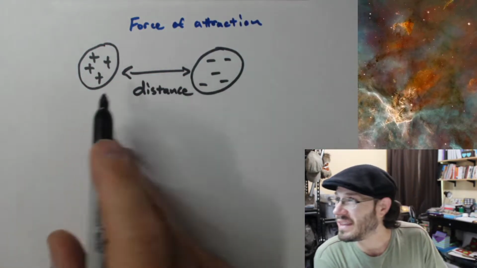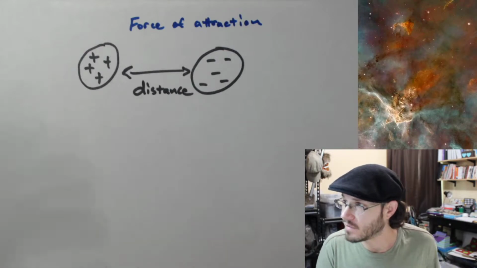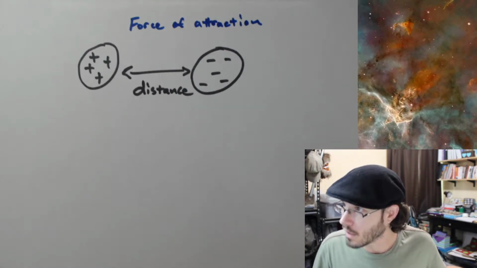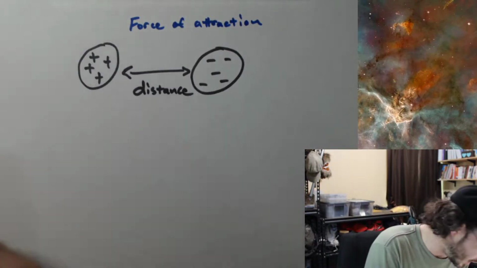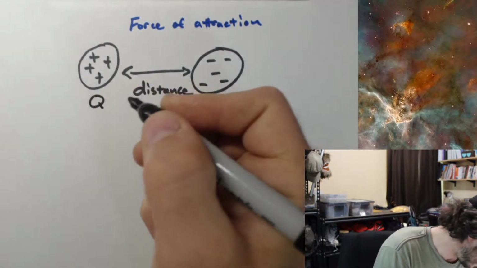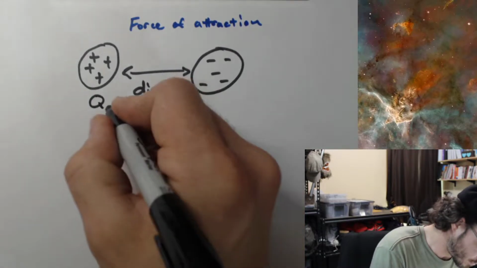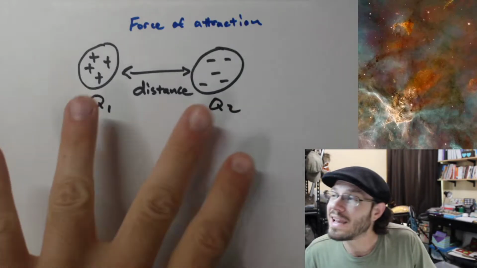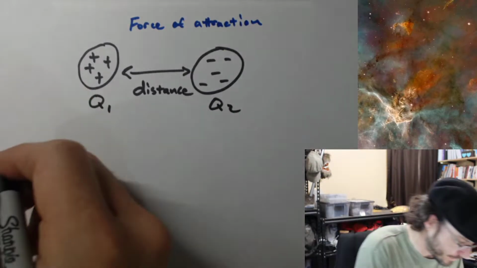Okay, and we know that since these are charged bodies, they have some amount of coulombs that they have lost or gained, right? It's got some charge. Okay, so here's what Coulomb's law is.